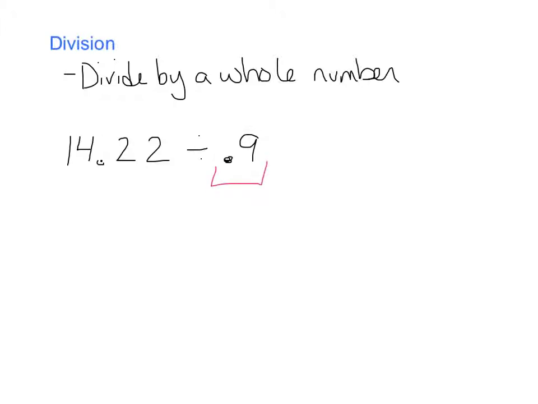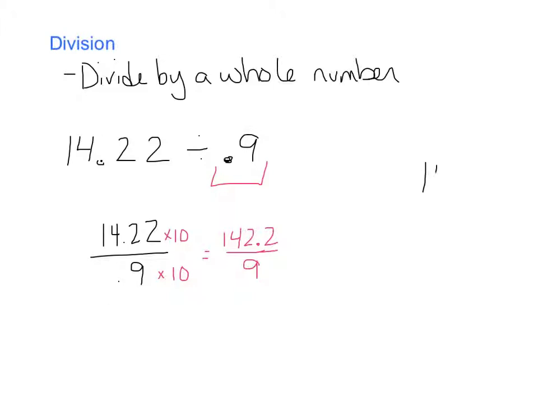So think about it like if I rewrite this in terms of a fraction, 14.22 divided by 0.9. If I was to multiply this by 10, I would get 9. So I would have to multiply this by 10, and I get 142.2.